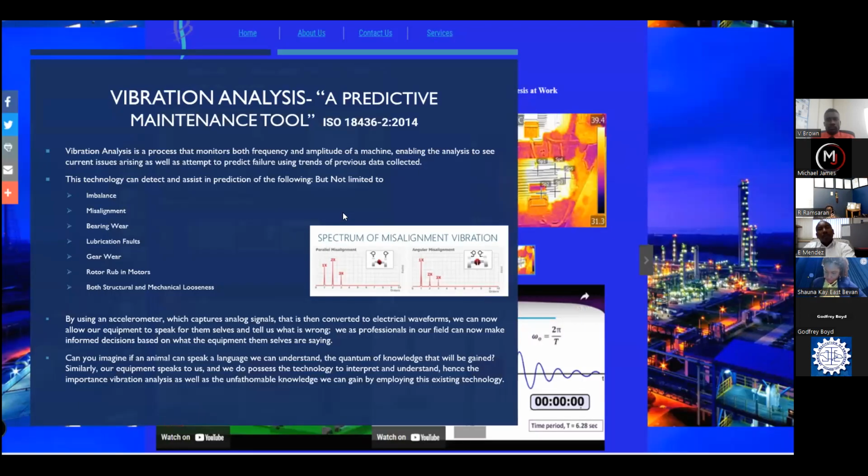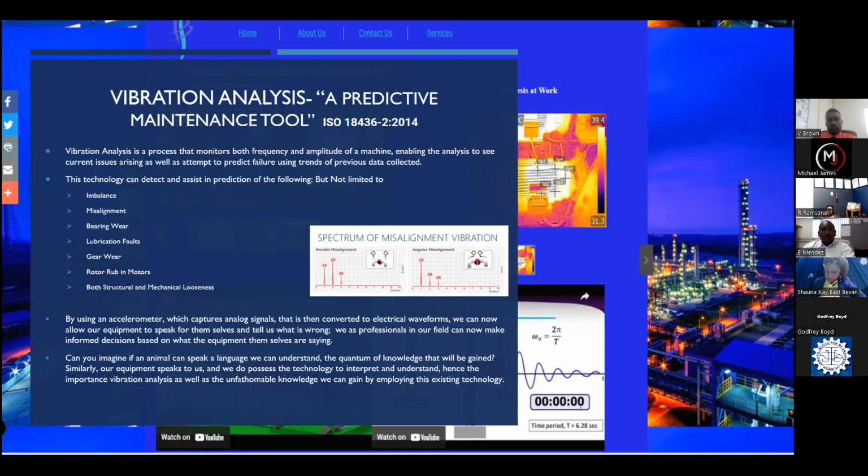So my main business is in the field of vibration analysis. Vibration is actually governed under an ISO standard as well, which is 18436-2 of 2014. Vibration analysis is the process that monitors both frequency and amplitude of a machine, enabling the analyst to see current issues arising, as well as attempt to predict failure using trends of previous data collected.